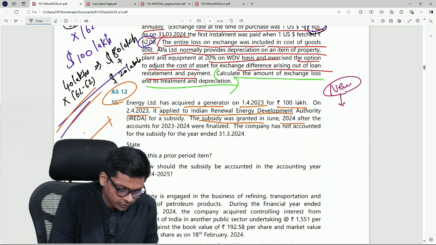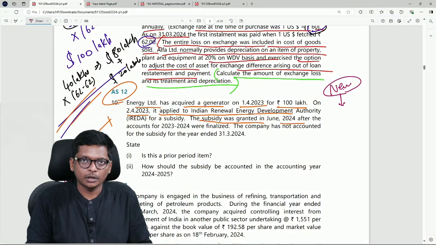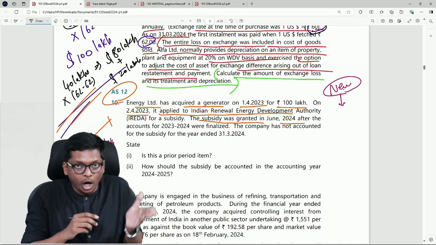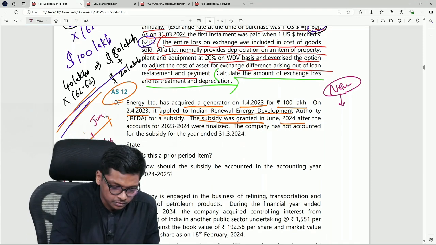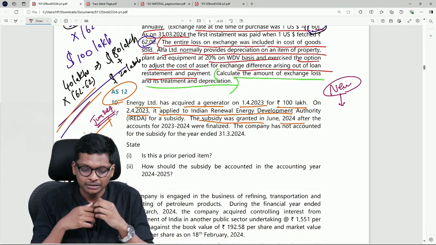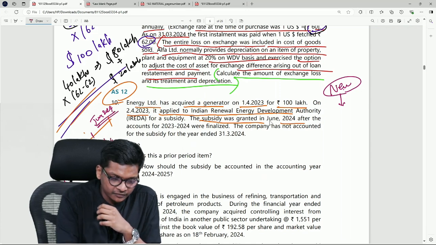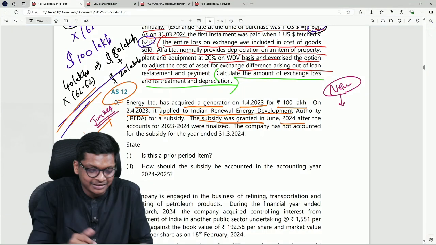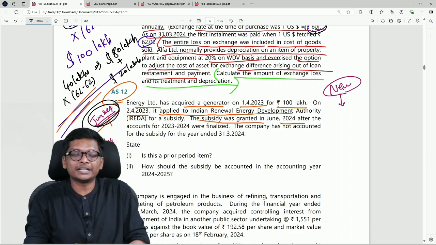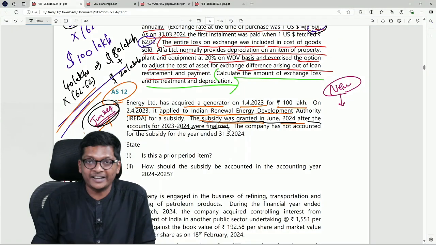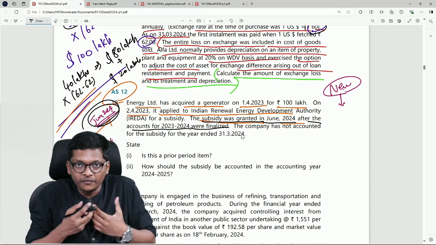So 1st April 23, okay, year ends on 31st March 24, and after the year in June 2024 only they applied, no, they applied on 1st April 2023, look at this, this date they applied and they got the grant in June 2024, next year in June. The subsidy was granted in June 2024 after the accounts for the 23-24 was finalized. That means after board finalized we got it.